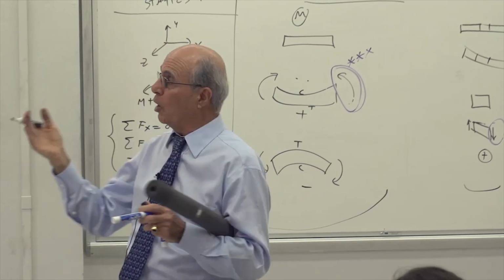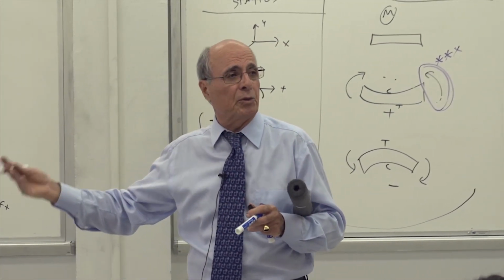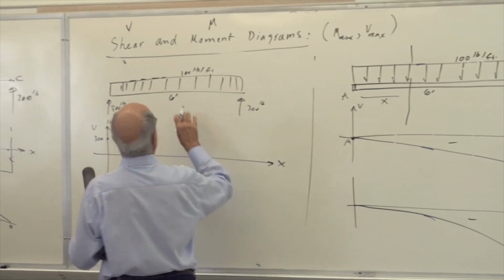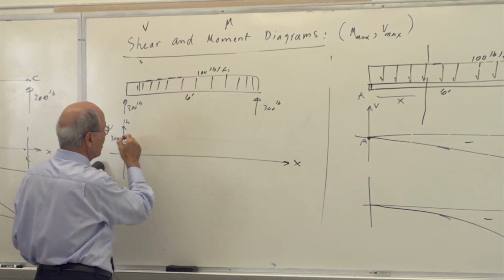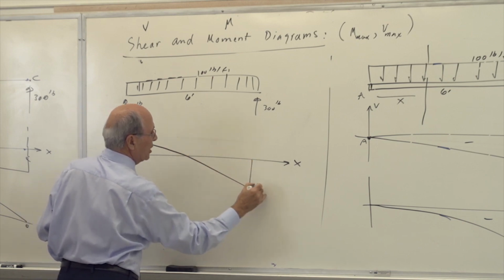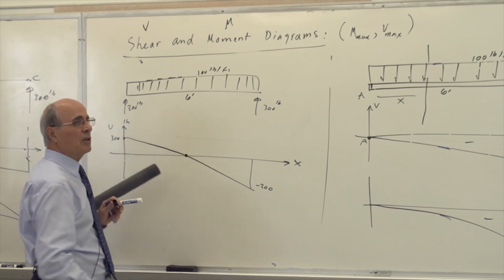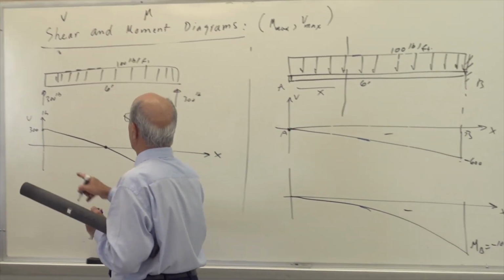So if I go 1 foot, 100, 2 feet, 200. But you don't have to worry about that. When you go to this point, how much should you subtract? This is 600 at the rate, but it's linear. It's straight. It should be linearly going like that, and it should end up with minus 300. Where is shear 0? At the middle. Is that correct or not? So therefore, this is plus 300.